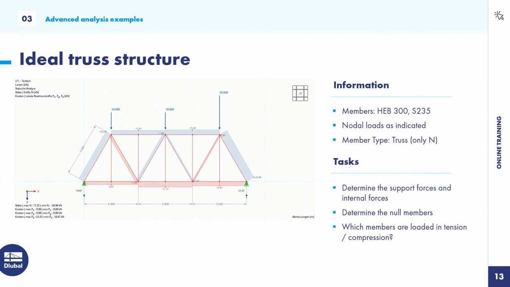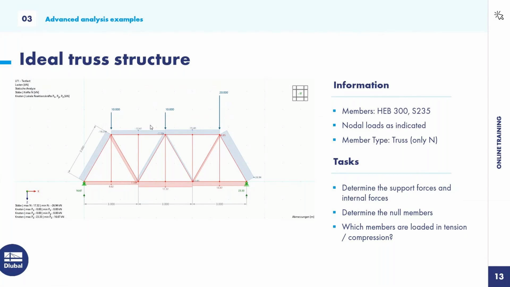We don't have any eccentricity in our connection of the members. In reality, it is often the case that the system lines of the members, for example, in this node that I highlight here between the upper chord and the diagonals, are not in line. Often it is not possible.